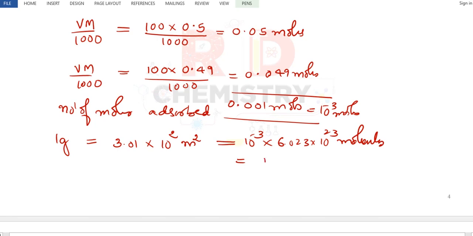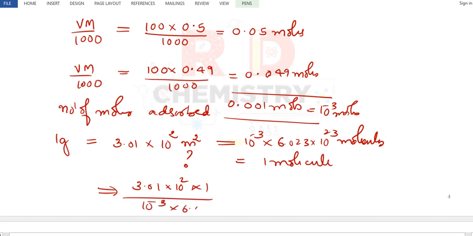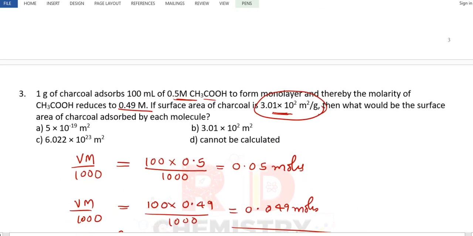Therefore, the question is: one molecule will cover how much area on that surface. So you just cross multiply: 3.01 into 10 power 2 into 1 divided by 10 power minus 3 into 6.023 into 10 power 23. This finally gives the answer 5 into 10 power minus 19. Okay, clear? So what is the option number? A is the answer here, right? Clear?